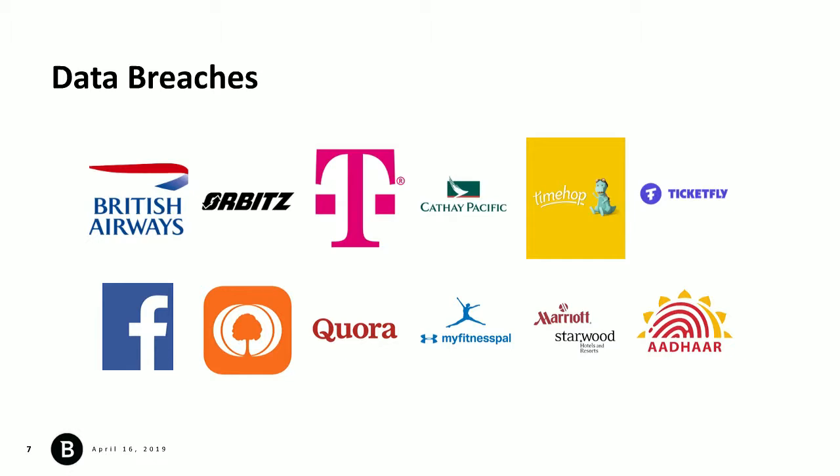TimeHop was also a victim in 2018, as hackers accessed the cloud computing account of the TimeHop website and got a hold of personal information, including names, email addresses, and phone numbers belonging to roughly 21 million of their subscribers.